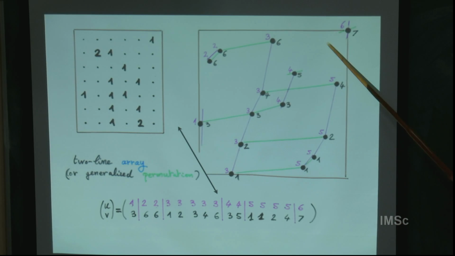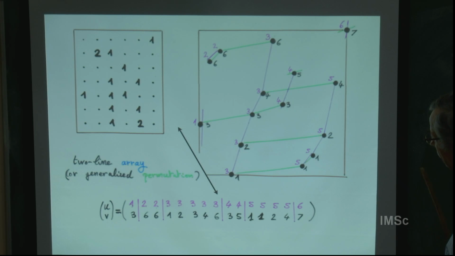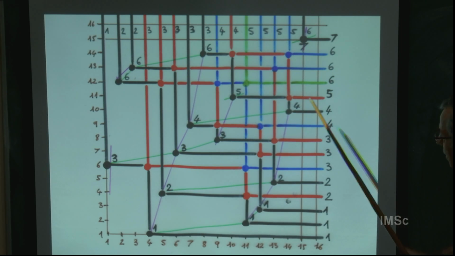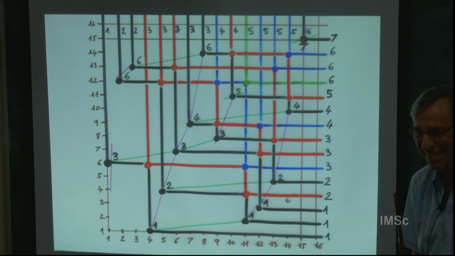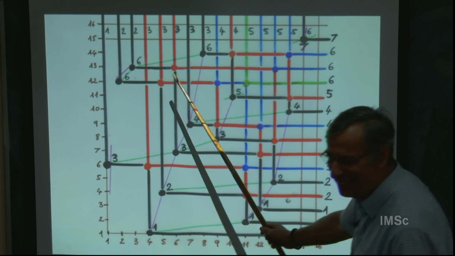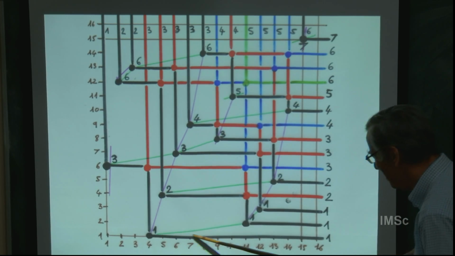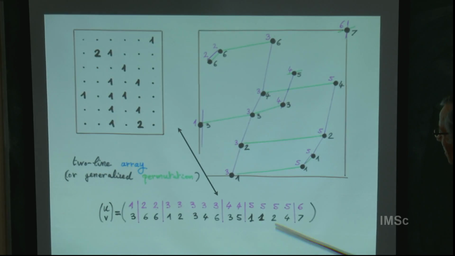So from this matrix, I get this, and then I apply RSK, my favorite RSK, and you will understand. You see all these 1, 1, 1, they're on the same row.